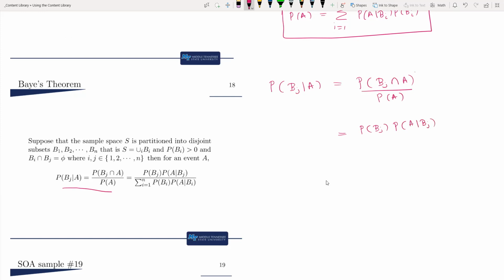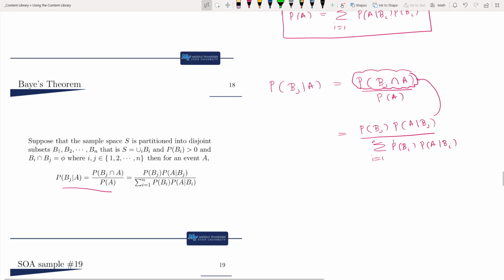Okay. Just simplify and you will see that it's same as this one. Then the denominator, from law of total probability, we just proved, we can say it's the sum of i equal 1 to n probability Bi times probability A given Bi, which we just proved here.